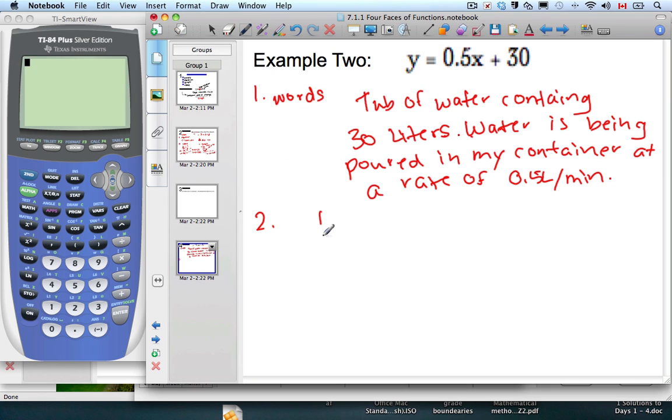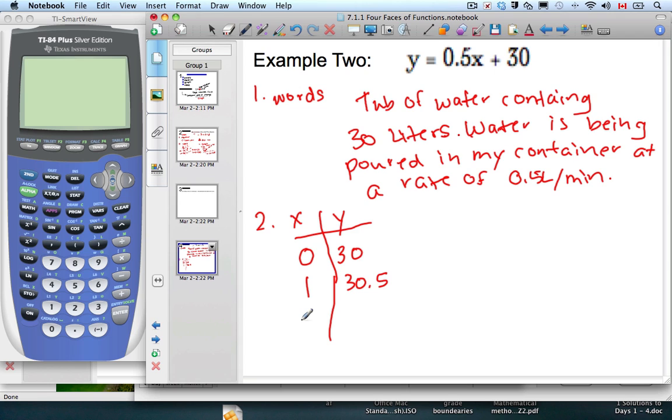Okay. An equation. So let's just make our table here. This is X, which represents our minutes. Minutes, yep. And Y, which represents the total liters. Liters, thanks. Okay, so at 0, obviously this will be 30. If our time is 1 minute, then our liters is 30.5.